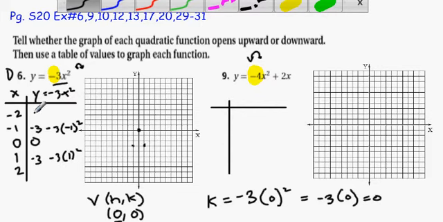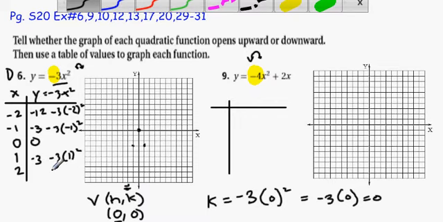Okay? Now let's go negative 2. So negative 3 times negative 2 squared: negative 2 times negative 2 is 4, and 4 times negative 3 is negative 12. So here this would be negative 2, negative 12. Well, this goes down to 10, so I'd actually be down here 2 more.